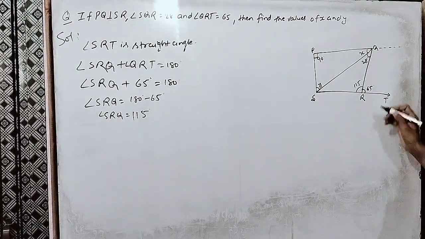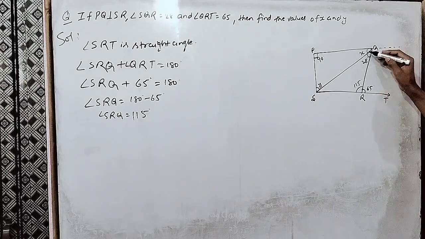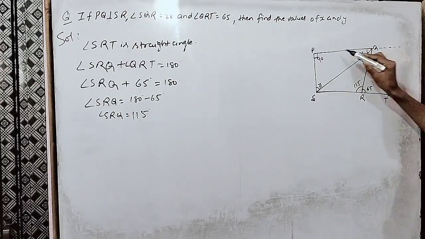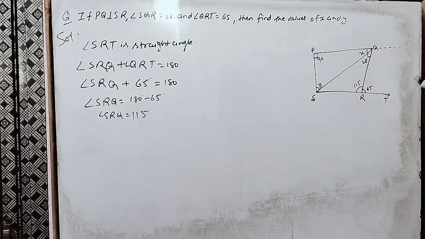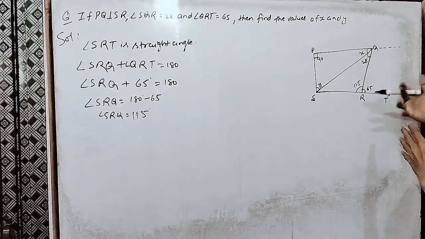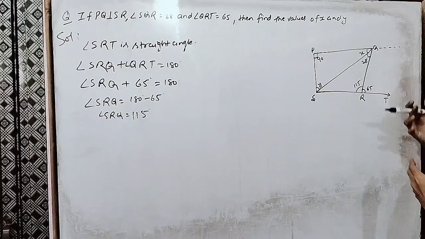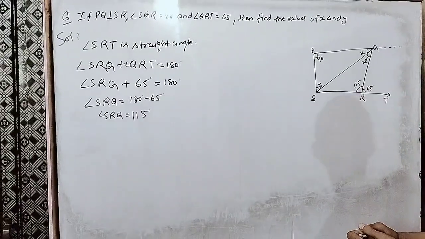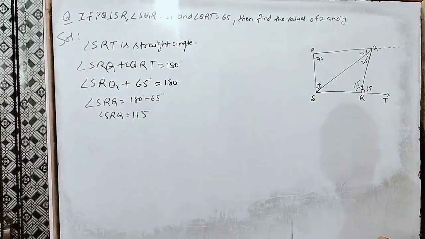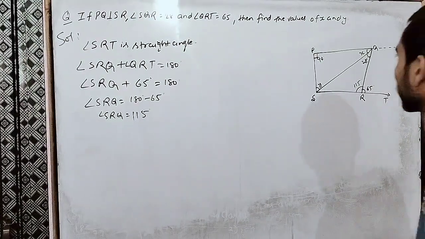Here we can see angle PQR will be equal to angle QRT because of alternate interior angles.